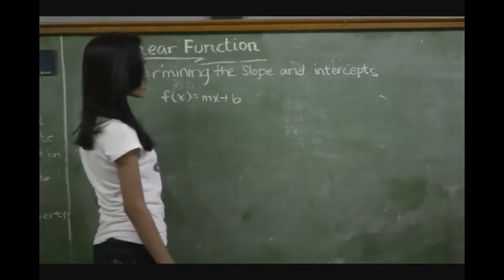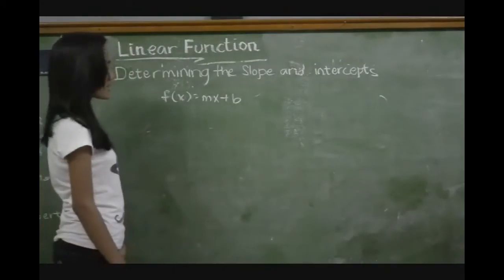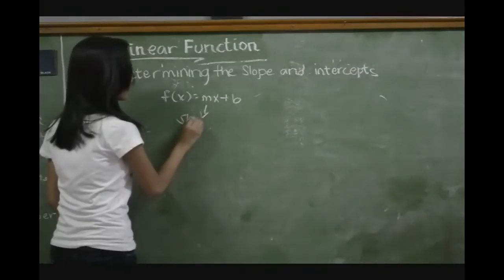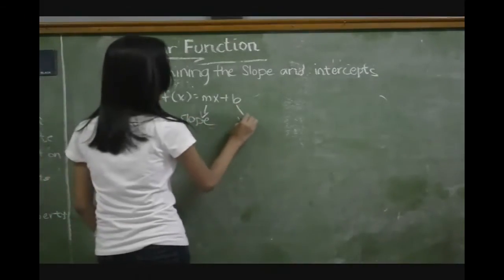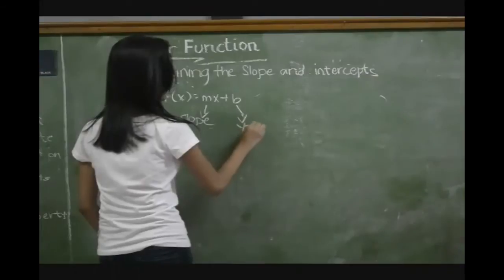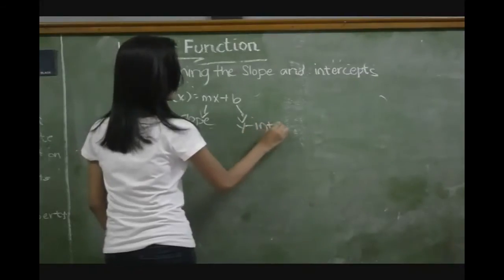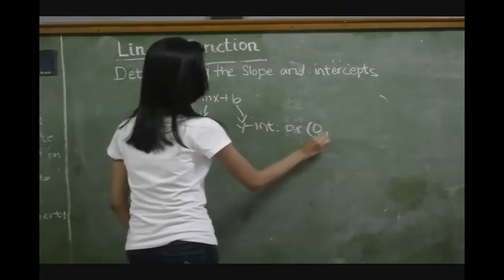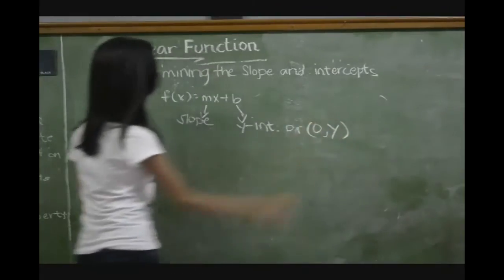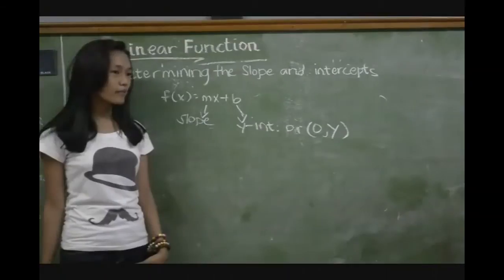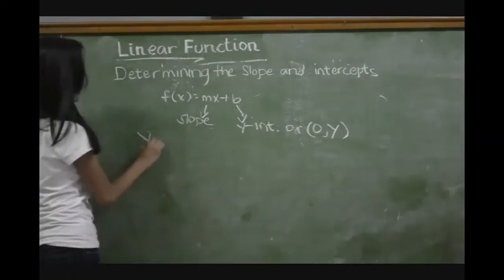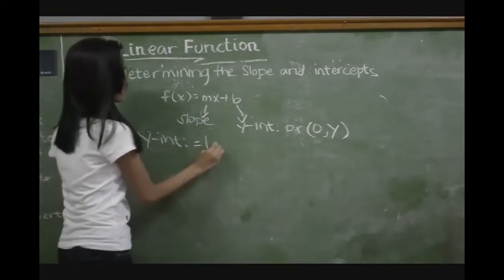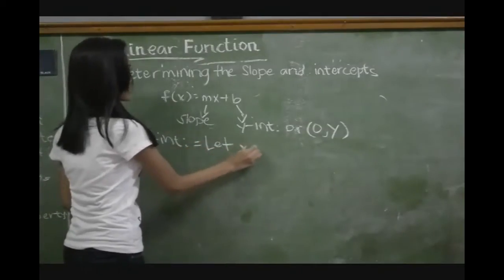In the linear function f of x is equal to mx plus b, m is the slope and b is the y-intercept, or (0, y). Let us always remember that to find the y-intercept, let x be equal to 0.